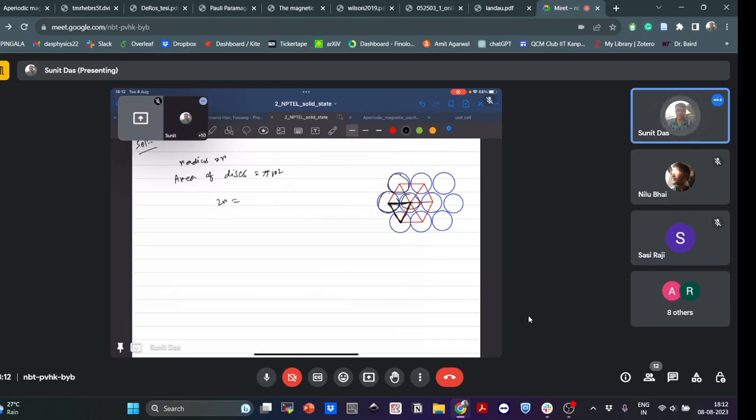So the diameter of a disc is equal to the side of the equilateral triangle.